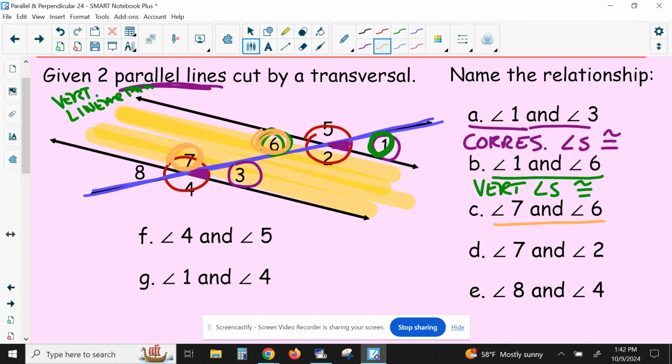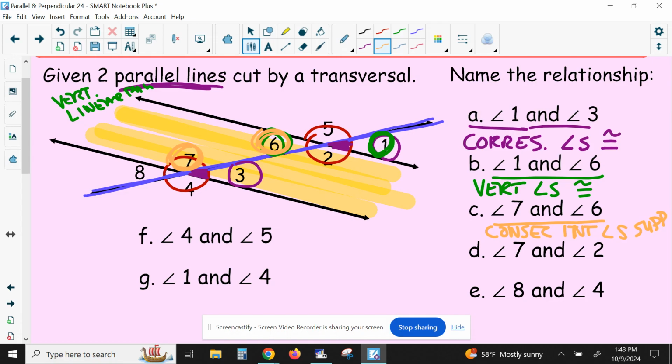Now, my next question is, are they on the same side or different sides of my blue transversal? Same side. So what do we call them? Same side consecutive interior angles. And what's true about them? Is that 2 A's, 2 O's, an O and an A? An O and an A. It equals 180. So these are supplementary.